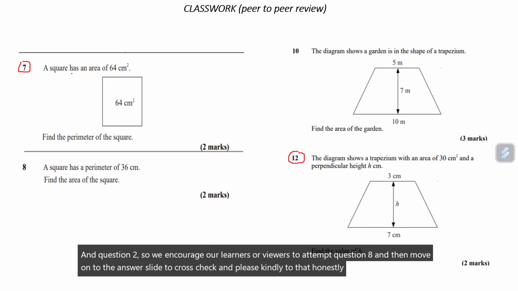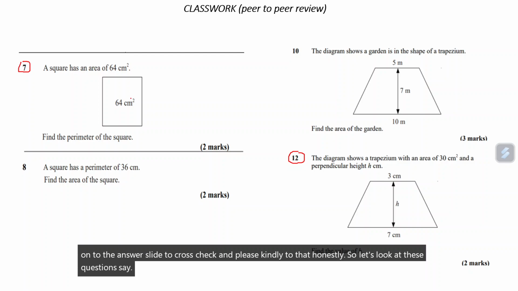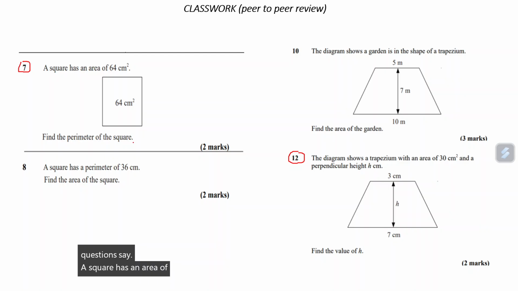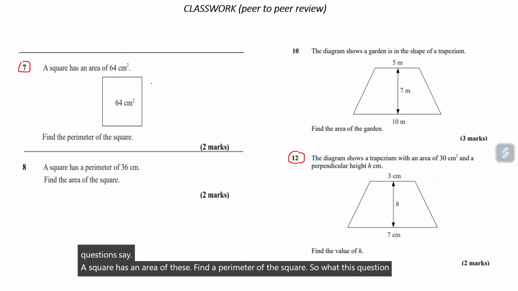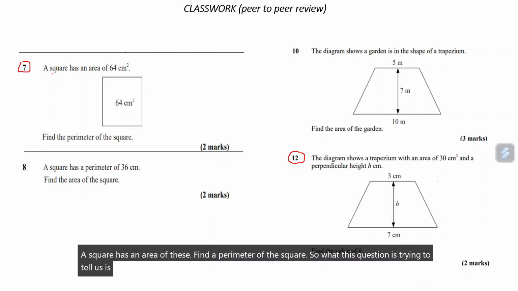So let's look at this question. Say a square has an area of 64. Find the perimeter of the square. What this question is trying to tell us is, remember, this is a square.